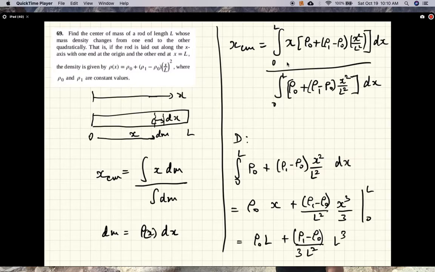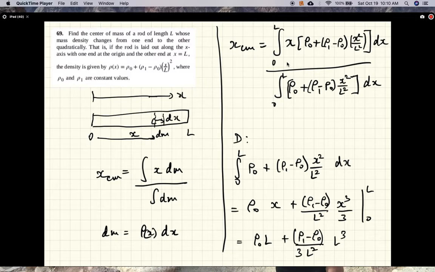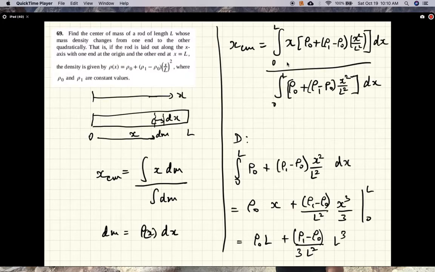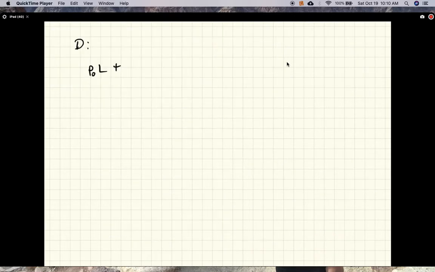All right, let's add a page below. So the denominator again is rho naught L plus, and you can see that L cubed divided by L squared is L, so plus (rho 1 minus rho naught) divided by 3, times L. And this simplifies too.